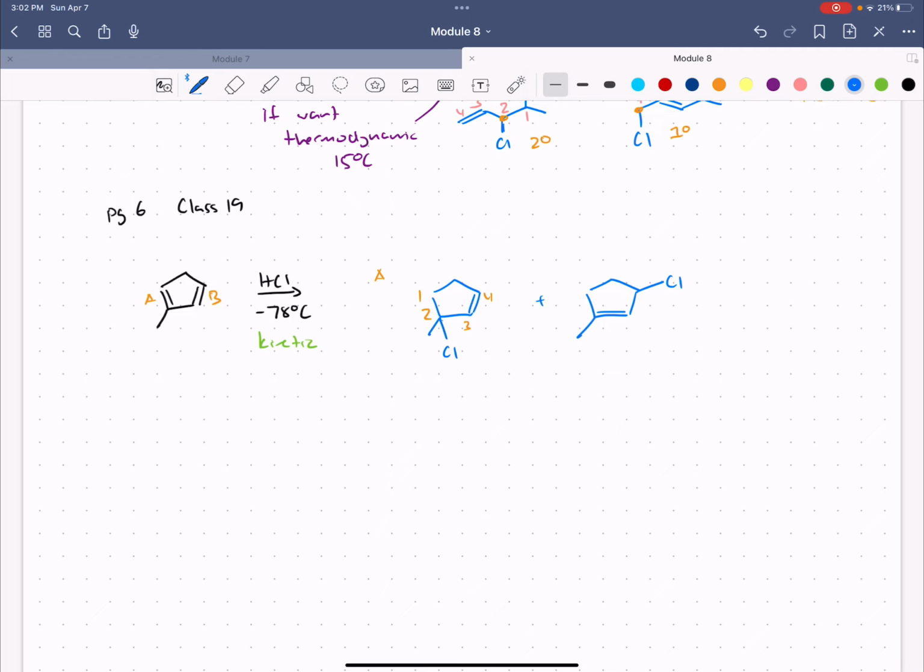And we can verify. 1, 2, 1 got the hydrogen for sure. 2, 3, and 4. For double bond B, we have double bond A staying, and we have the chlorine here. That's the 1,2 product. Remember, we've got a number from the other side now because we're using double bond B.